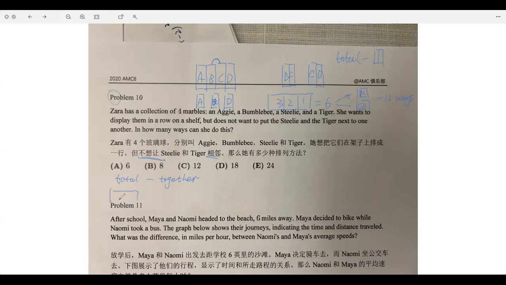The total is 4, 3, 2, 1. And together is 3, 2, 1 times 2. So equal to 4 factorial minus 6 times 2. So this equals 24 minus 12, equal to 12 ways.